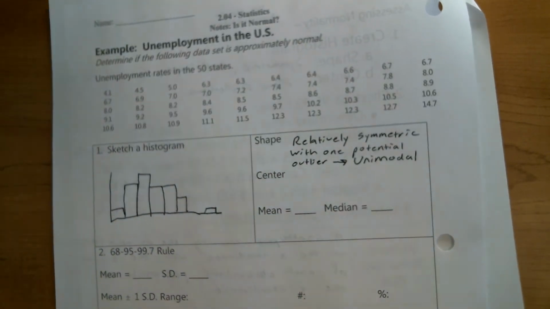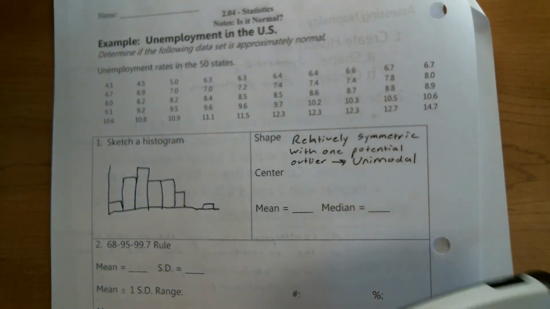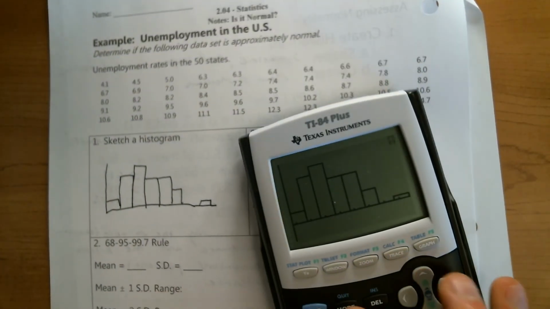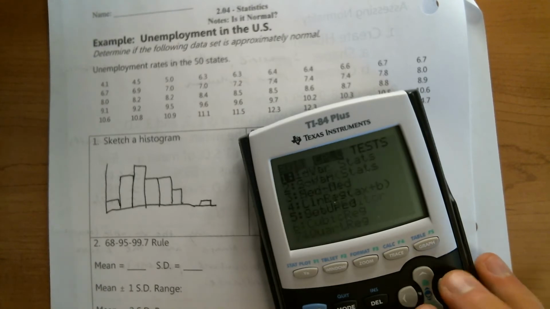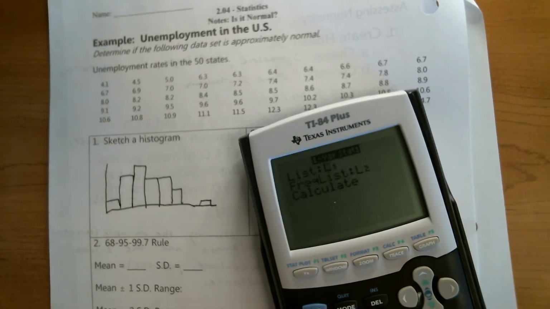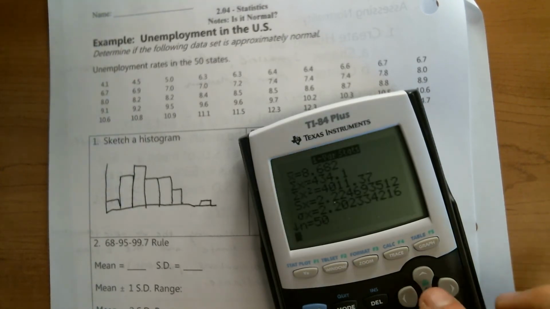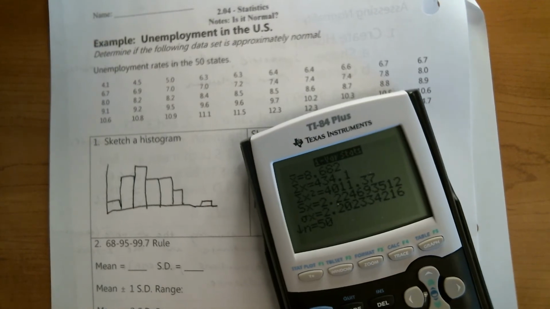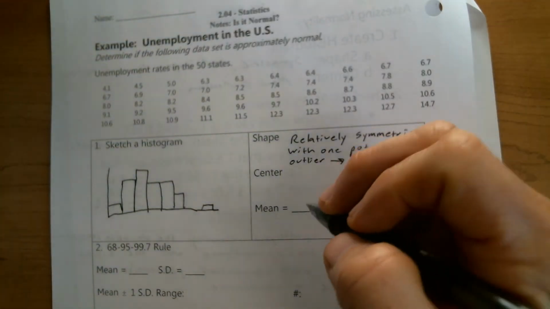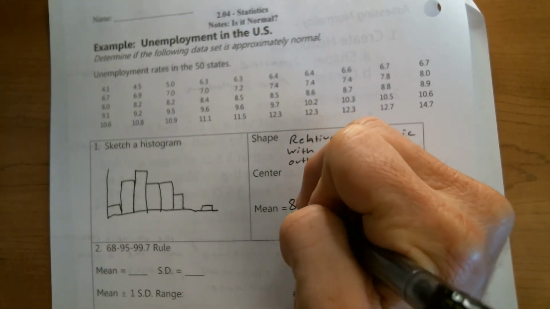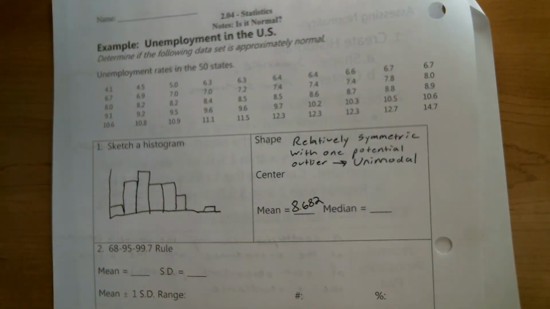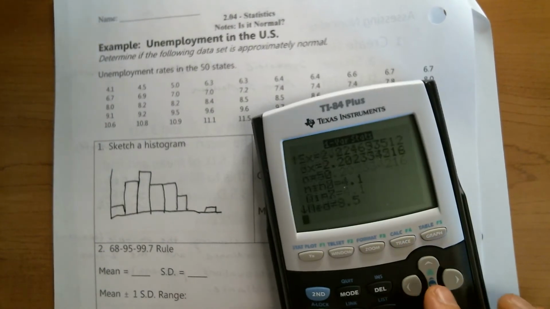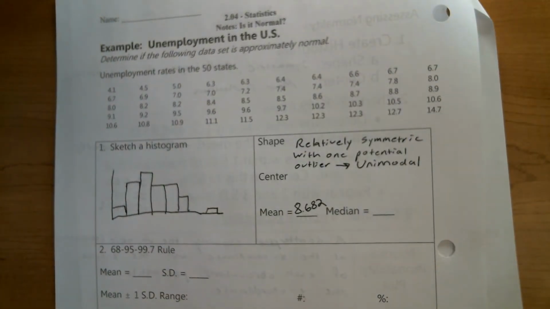Now, as far as the center goes, the data is already in my calculator. So I can go to stat calc, one variable stats. I don't have a frequency list this time, so let me clear that out. And if I run that, I can see that the mean is 8.682 and the median is 8.5.